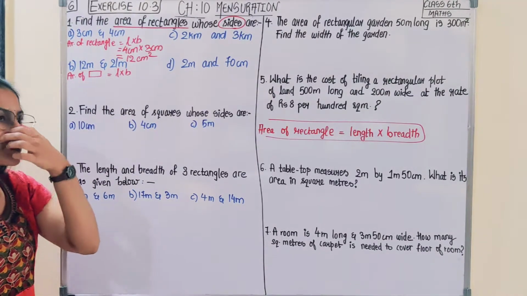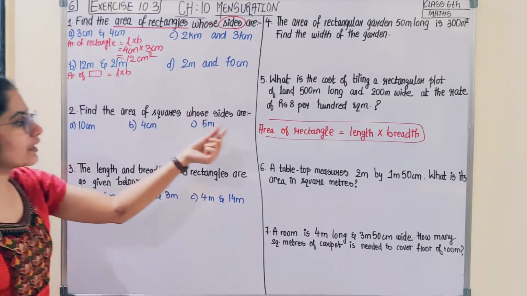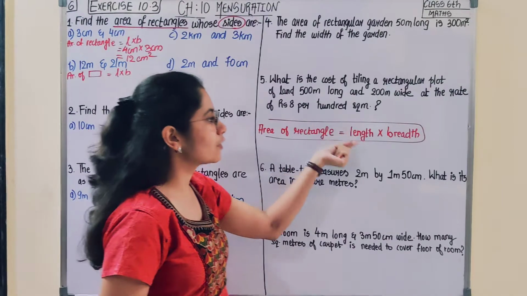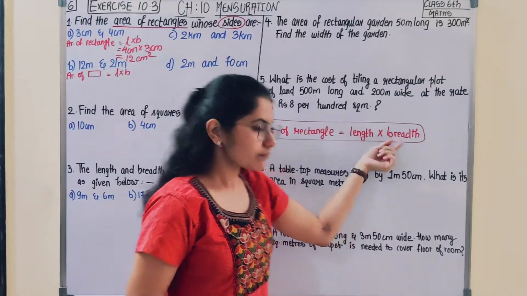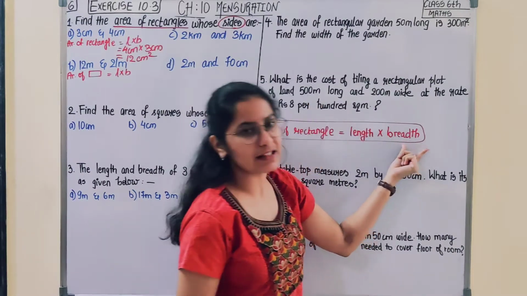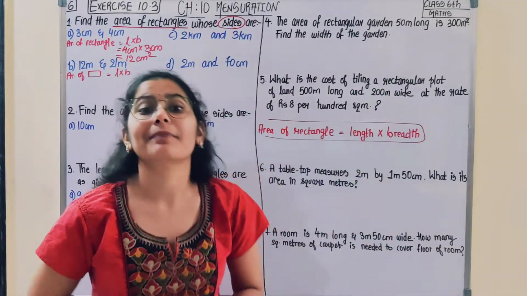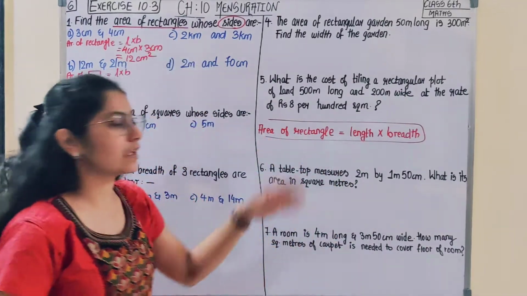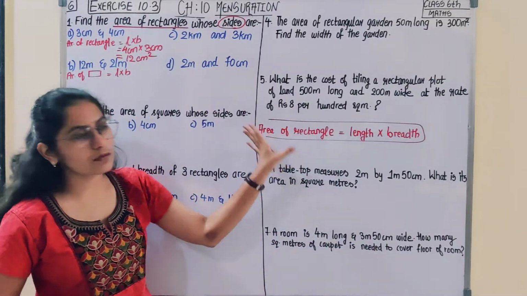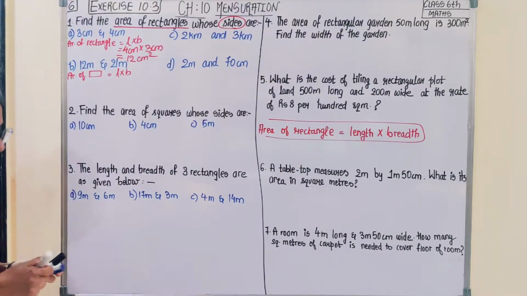This is because the space is less. You should write complete area of rectangle is equal to length into breadth, then whatever length is given multiplied by breadth given. Whatever you get after solving is the area of that particular rectangle. But since the space is less, I am writing in abbreviated form.